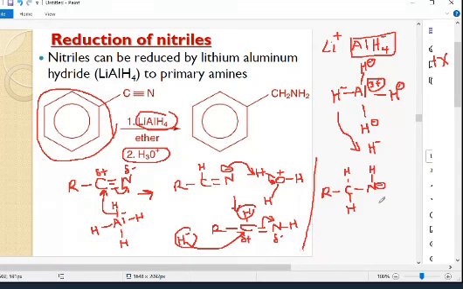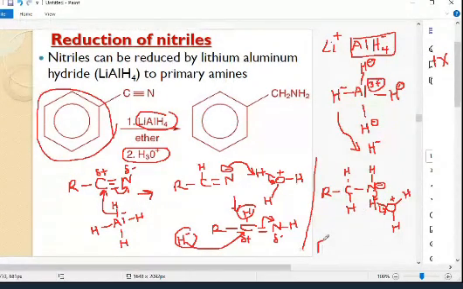And when it is negatively charged, with an introduction of hydronium ion, we end up having this is positive, that kind of a mechanism.